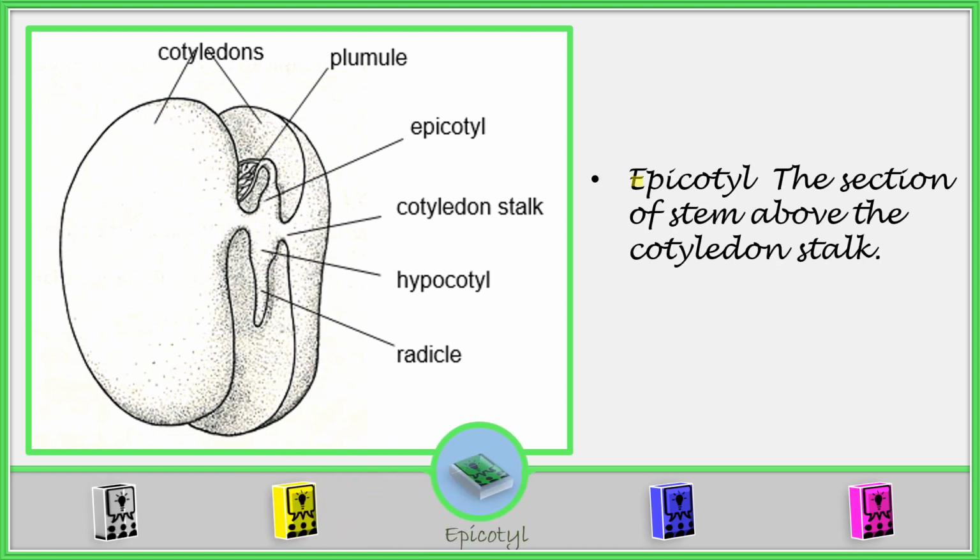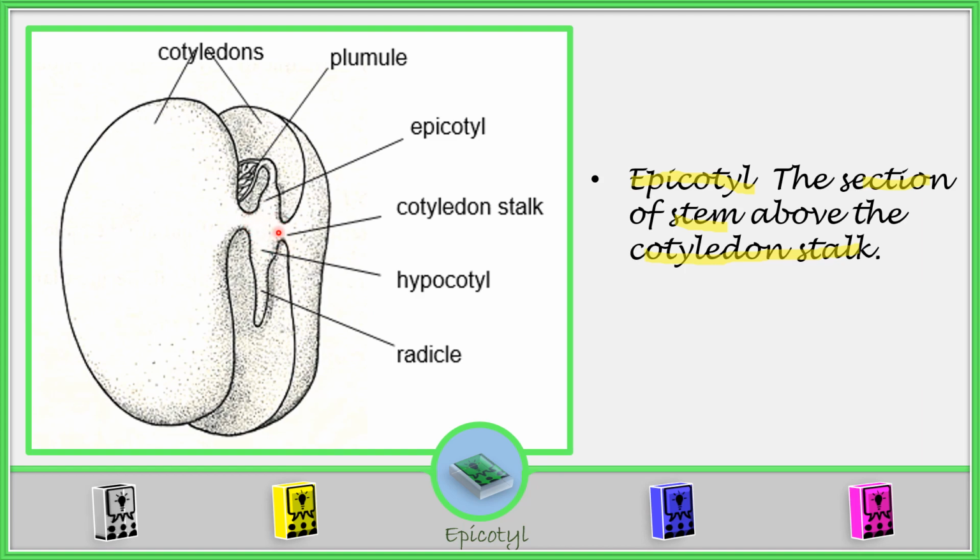We have the epicotyle. Epicotyle is the section of the stem above the cotyledon stalk.